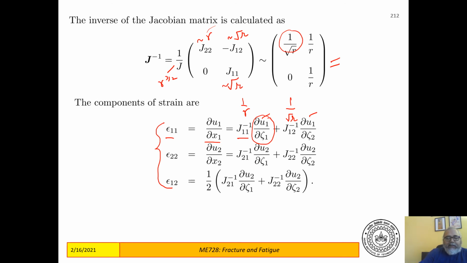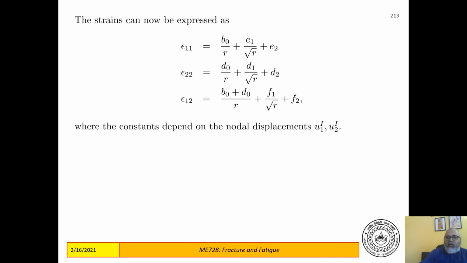If I do that, then I can split up every strain into three terms, the first depending on 1 by r, the second depending on 1 by root r, and the third being a constant. So the stresses would also contain these terms.